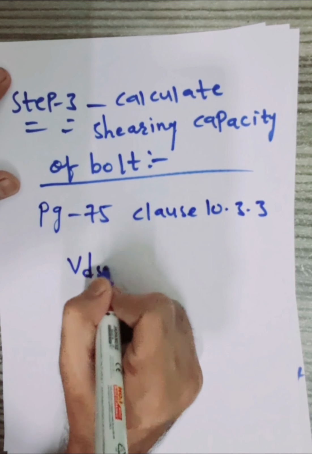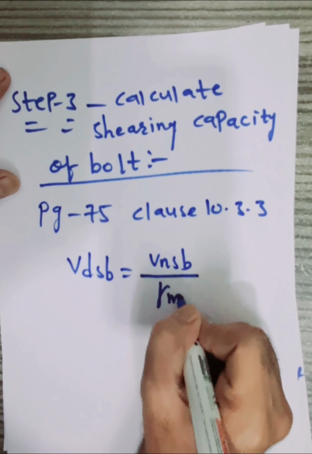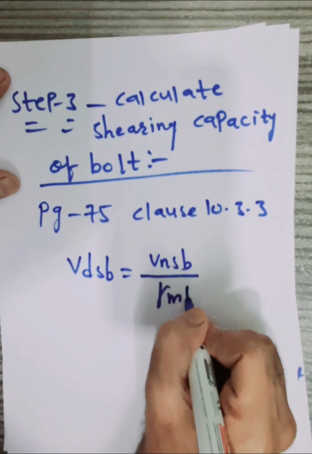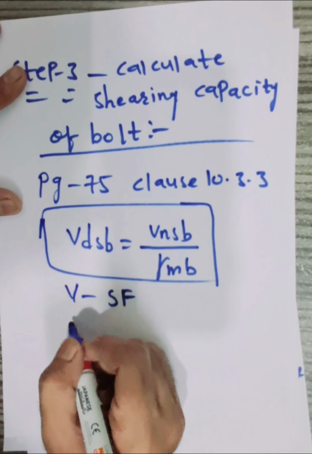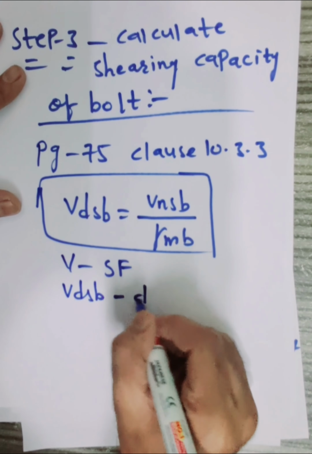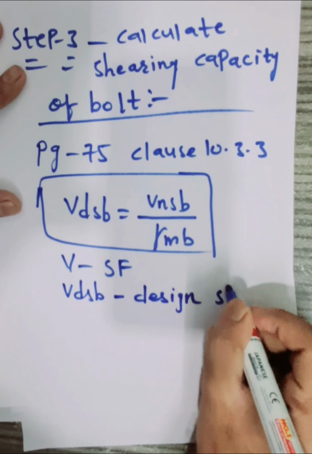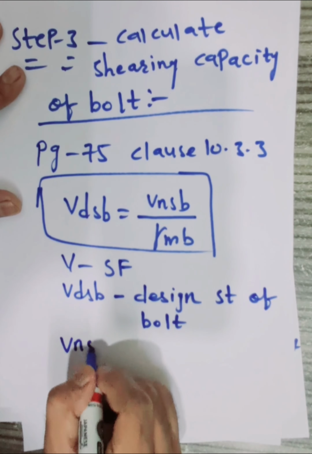Let us write the formulas. VDSB is equal to VNSB divided by gamma MB. V is shear force, and VDSB is the design strength of bolt.